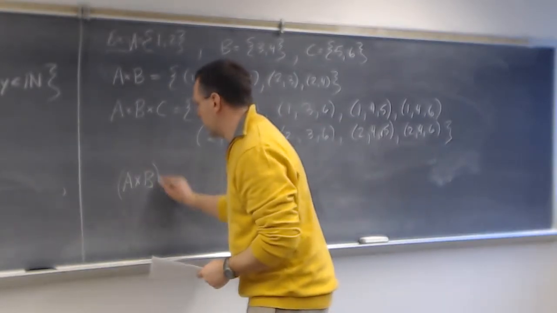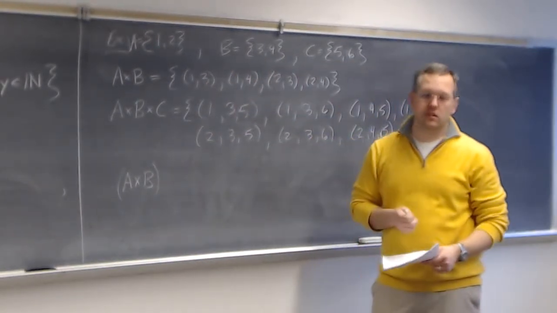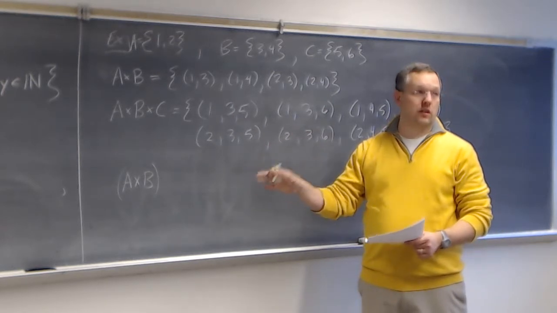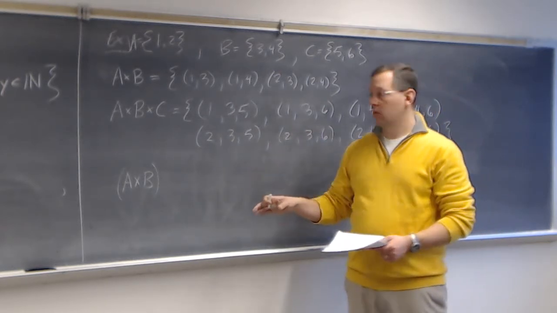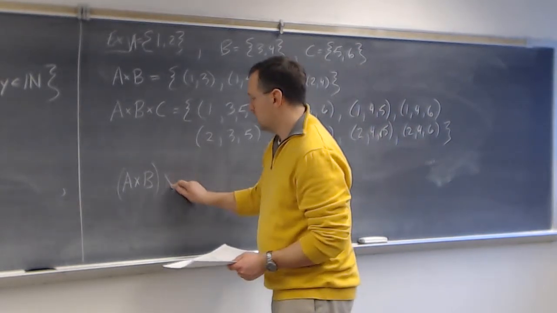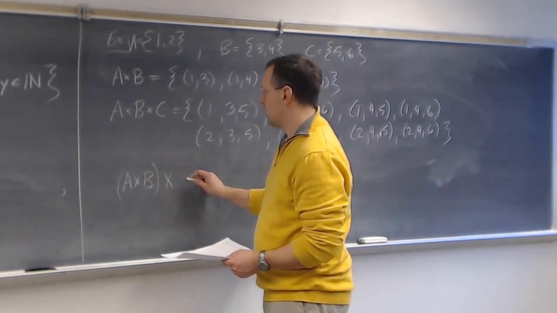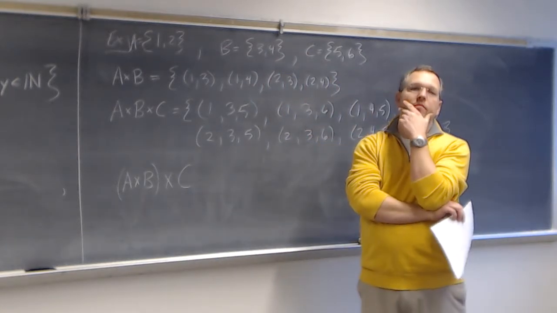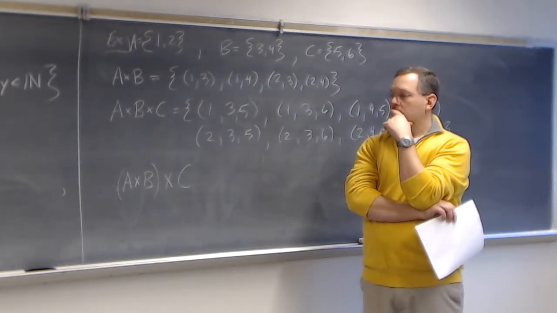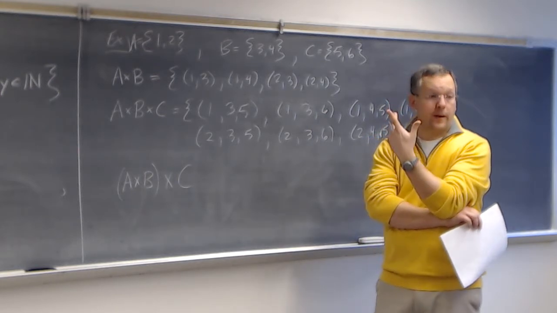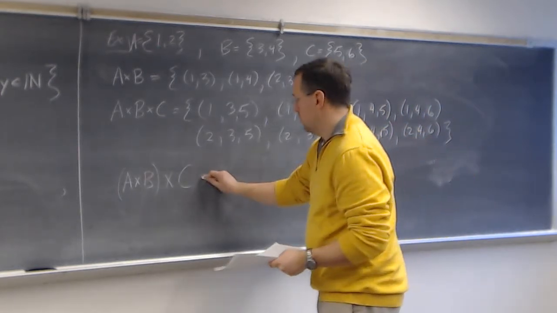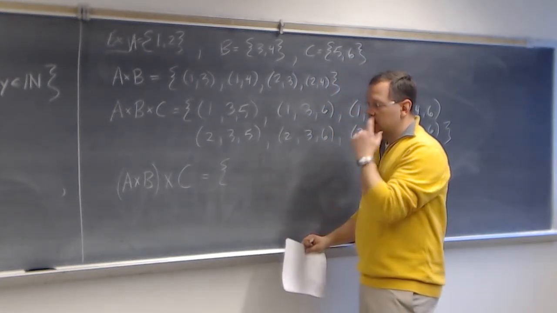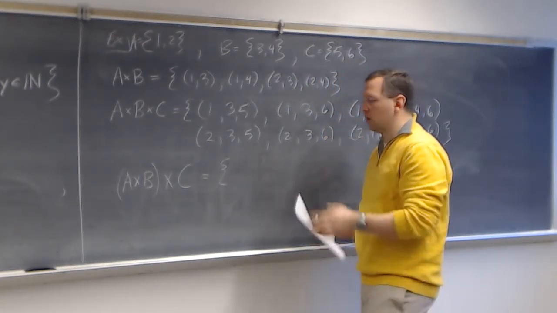Think of it this way. I need a set of parentheses here to define this. I think of this as one set, the set A cross B. I'm going to take this set and take the Cartesian product with the set C. So we're going to get ordered pairs. Without listing out the whole thing, let's think about what the ordered pairs would look like.